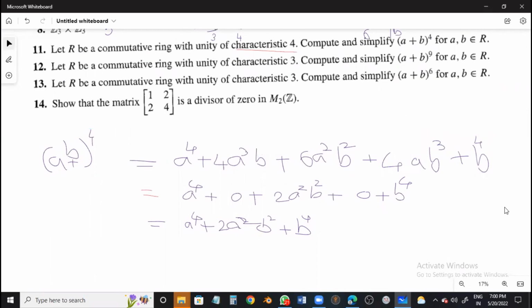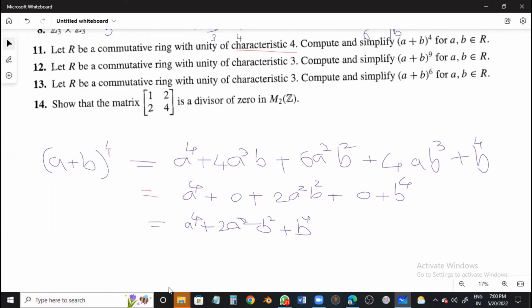This is the expansion: a raised to 4 plus 4a cube b plus 6a square b square plus 4ab cube plus b raised to 4. This you all know.